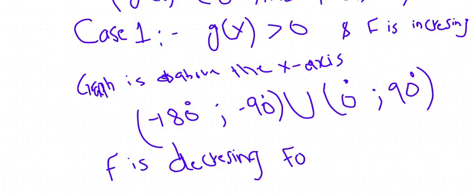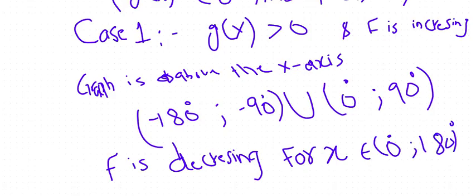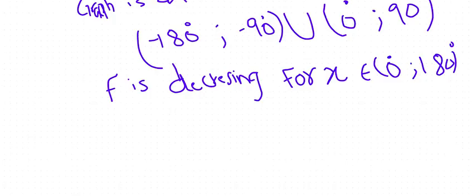Okay, so the intersection of these two intervals is x belongs to 0 degrees to 90 degrees.